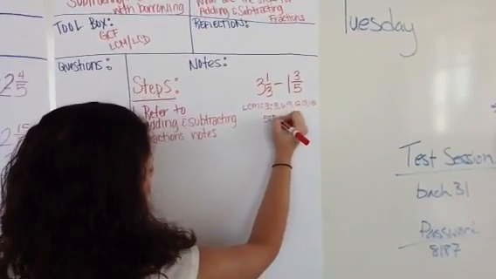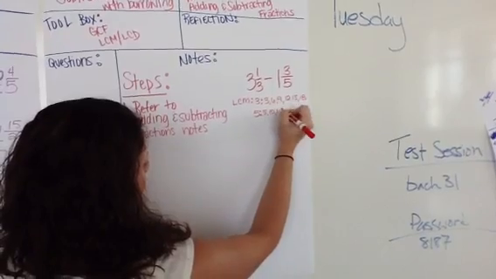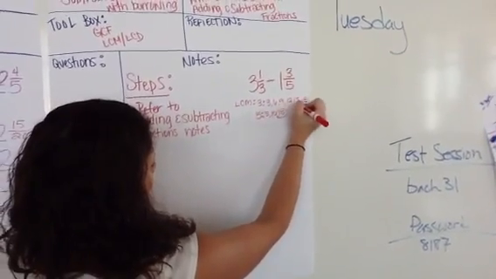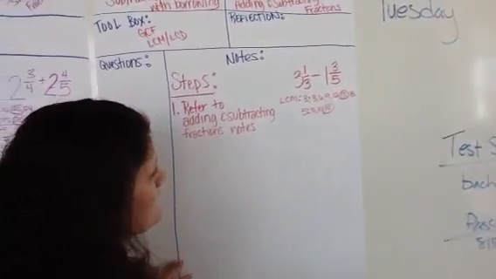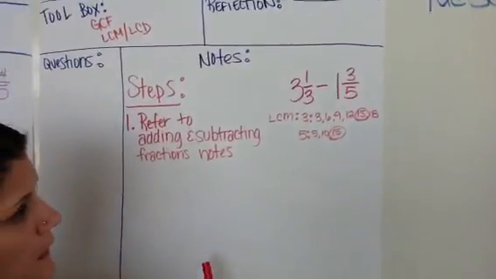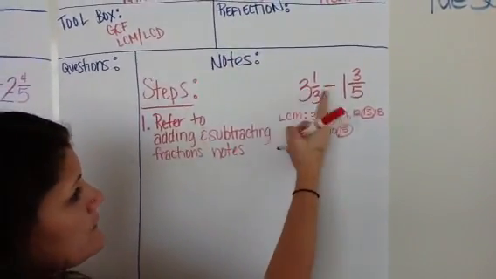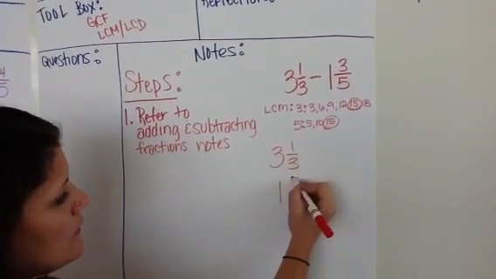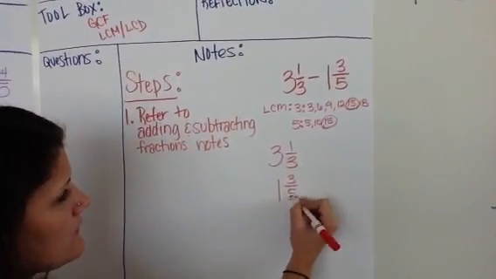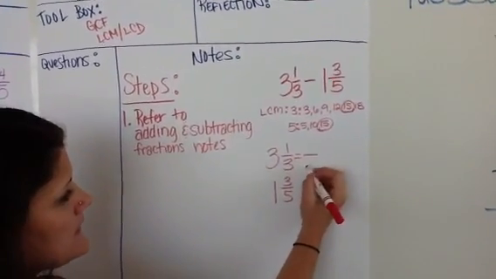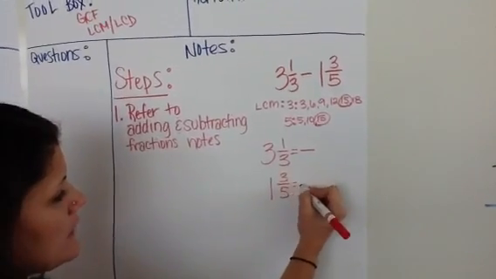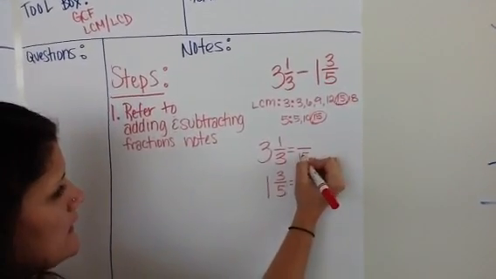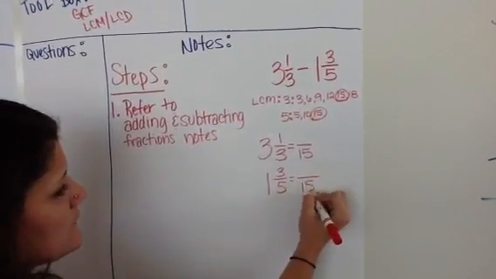And for 5, 5, 10, 15, and I'm stopping there because I found one with 15. You don't always have to do these if you know what it would be. And then I'm going to write my fractions vertically, 3 and 1/3, 1 and 3/5. Use my LCM to make equivalent fractions with 15 as my denominator.